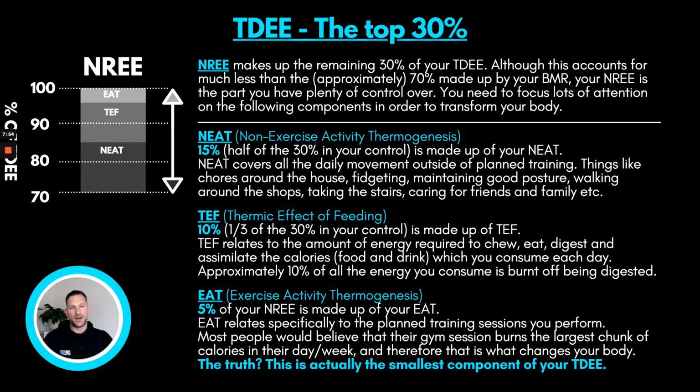This relates to the amount of energy required to chew, eat, digest and assimilate the calories through food and drink which we consume each day. So if we think about the diet that we consume, approximately 10% of all of that energy that you consume is being burnt off every single day as we go through the normal processes of digestion.